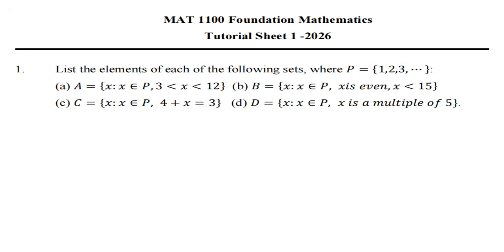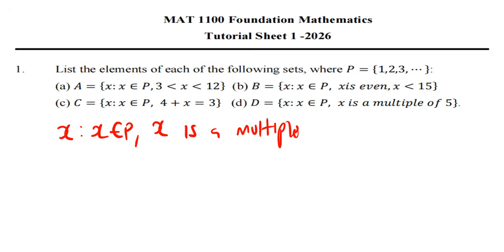For D we are told that X is such that X is a member of P, and X is a multiple of 5. Since the members of P are positive integers, we're just getting positive multiples of 5.